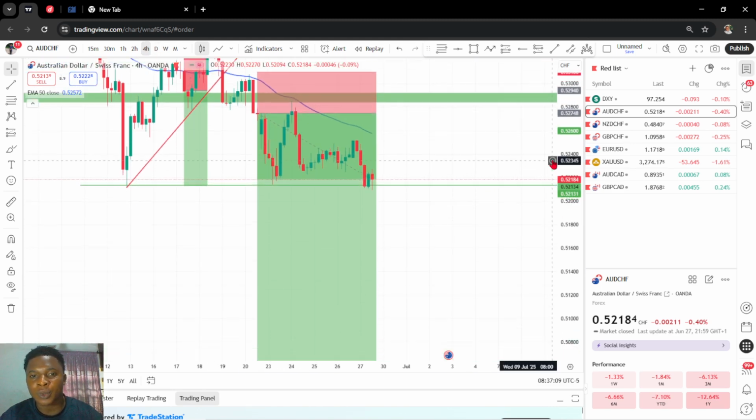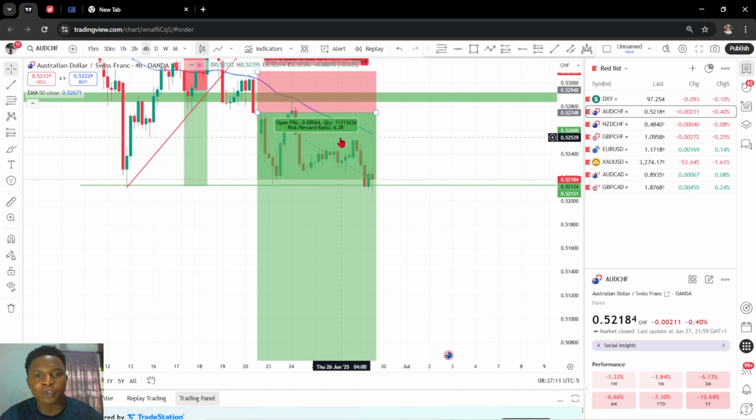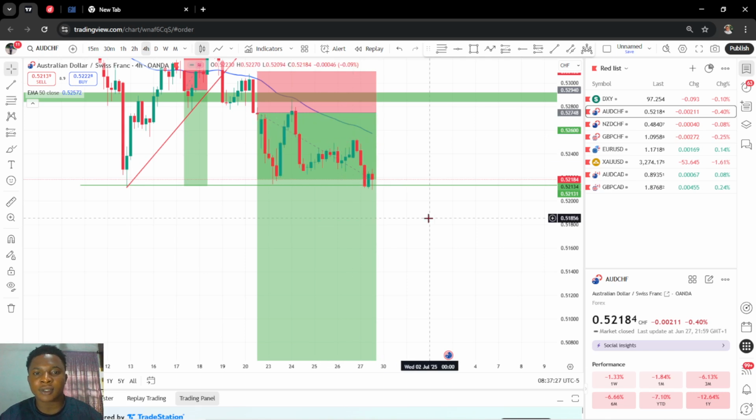By next week, I might move my stop loss to this lower high here, instead of keeping it close to my entry. Like this, even if the swap fee is accumulating, at least I will not exit this market at a loss. So this is the market we are currently in.